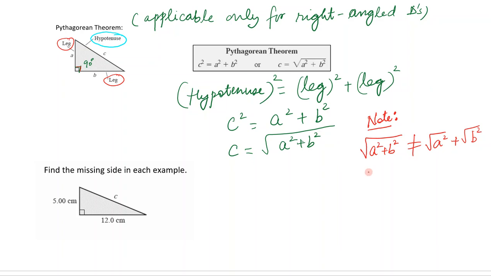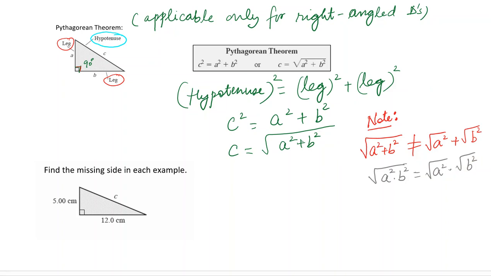But if you have a product of two factors, in that case only you can split the two products.